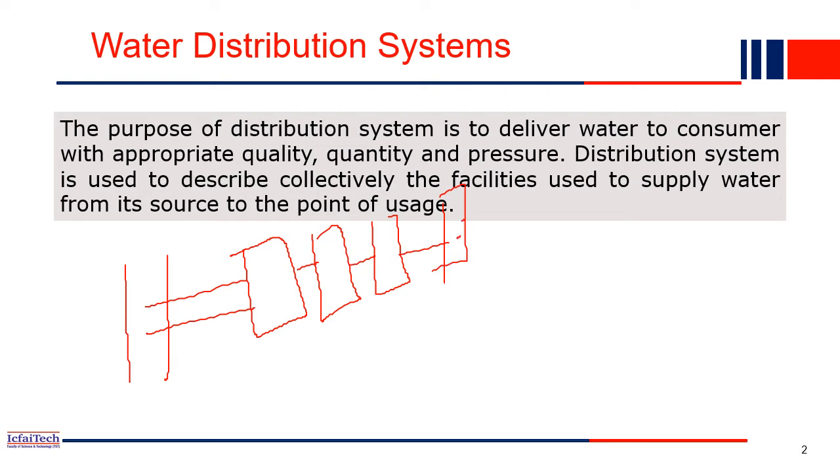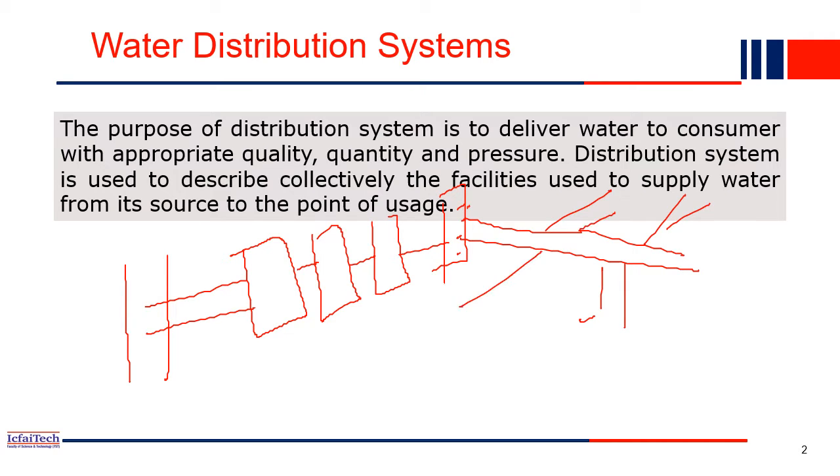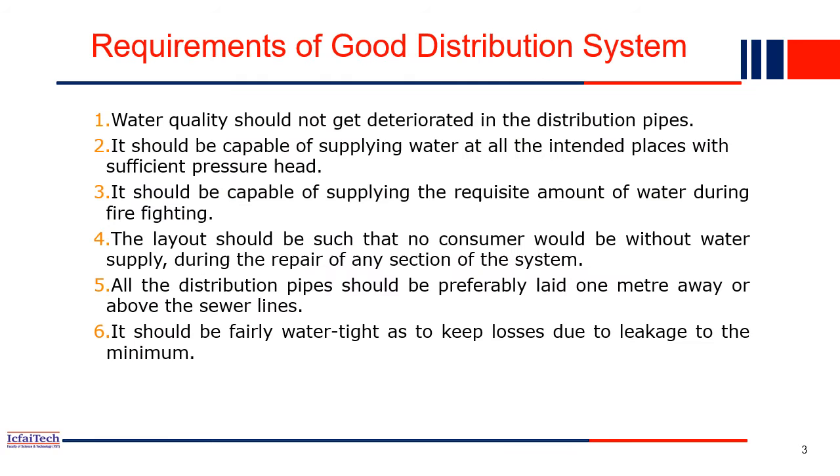Once the final water comes out, through pipe networks it will go to the city, and water will be distributed to different portions. So from collection of water from the raw source to purification and distribution to the household, the entire process comes under the water distribution system, and from start to end we have to design it perfectly so that we can achieve our objective. Good quality, quantity, and pressure should be maintained in the system.